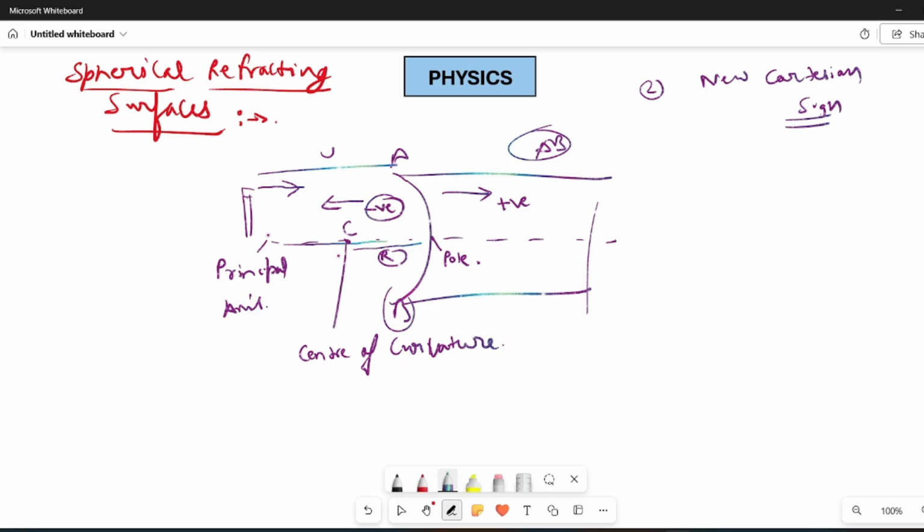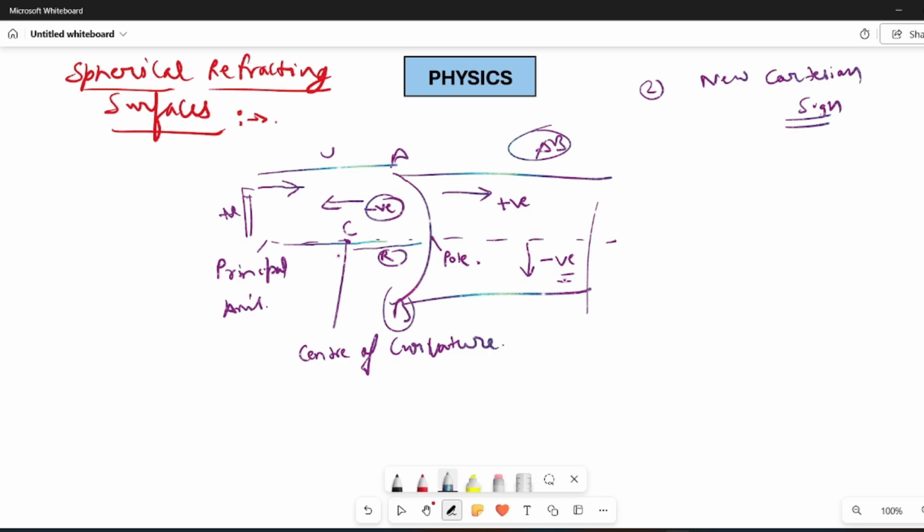If anything is placed above the principal axis, that will be positive, and anything placed below the principal axis, I'm going to consider as negative. So the things associated with solving these questions: first, the new Cartesian sign convention is going to remain exactly the same.